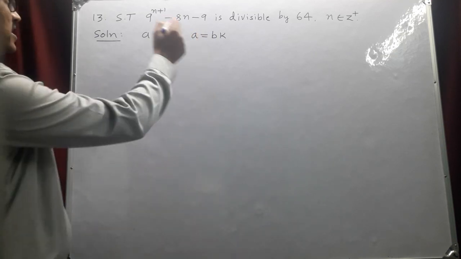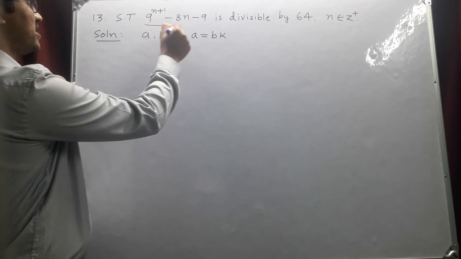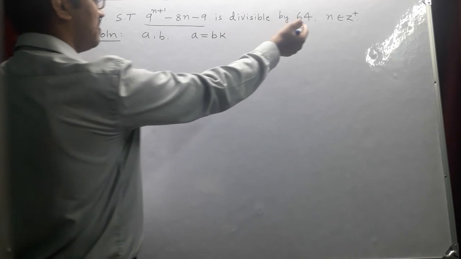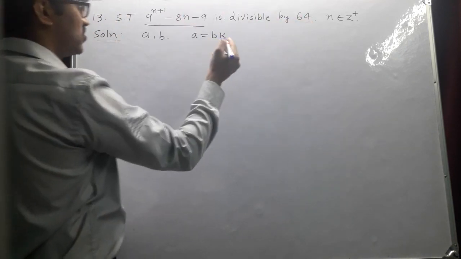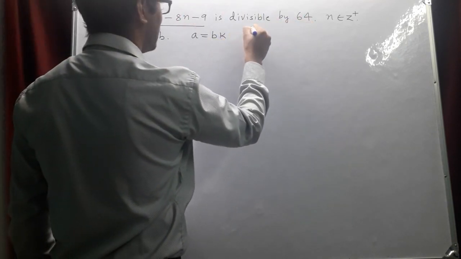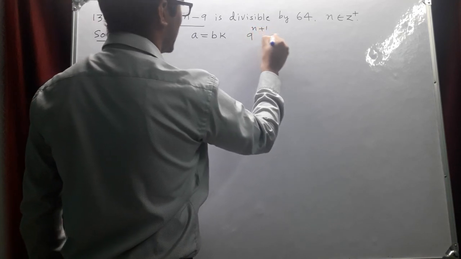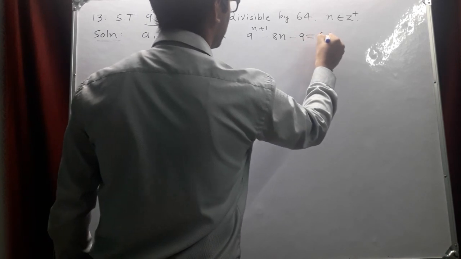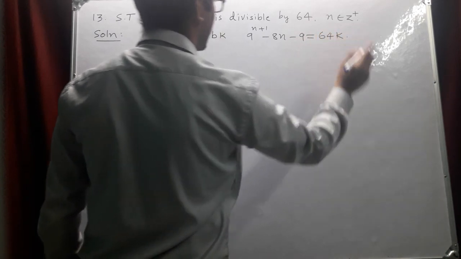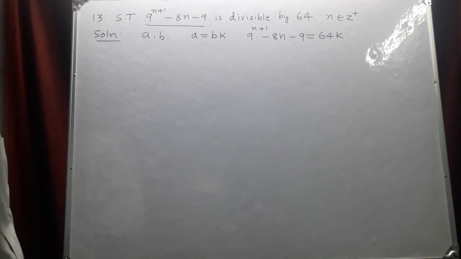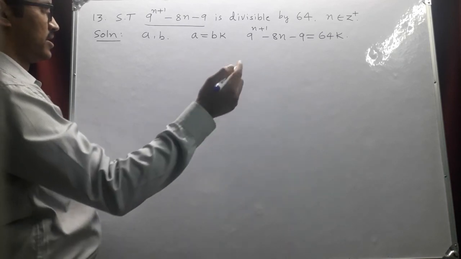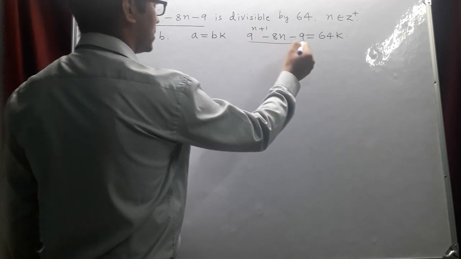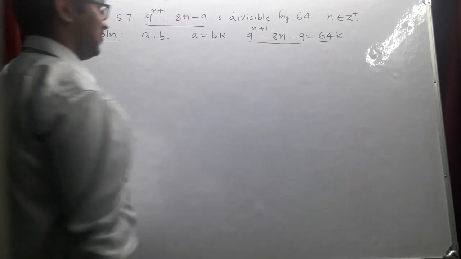Similarly, here we have to show 9^(n+1) - 8n - 9 is divisible by 64. Suppose we can write 9^(n+1) - 8n - 9 = 64 × k, where k is any natural number, then we can conclude that this is divisible by 64.